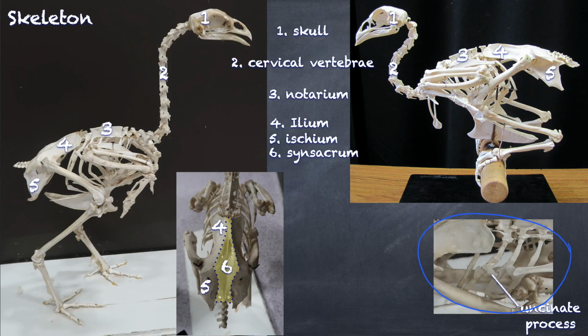We see that the tailbones are also quite compact, and this forms what we know as the pygostyle. This is going to support the tail feathers. We see also that the vertebrae are fused, and so that we have just one sternum or keel.